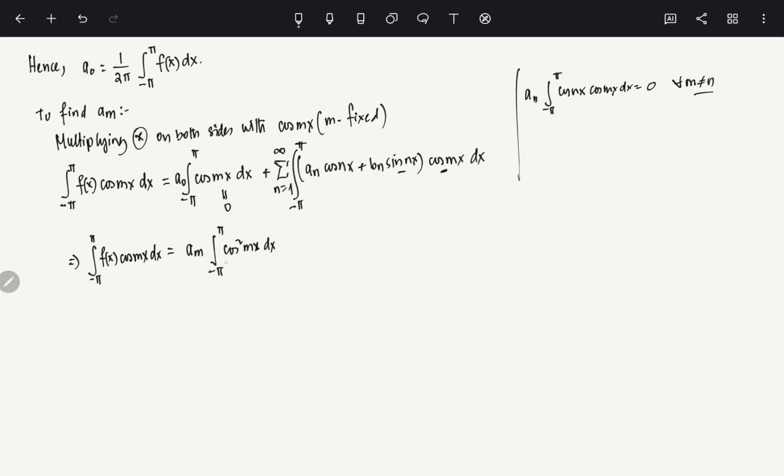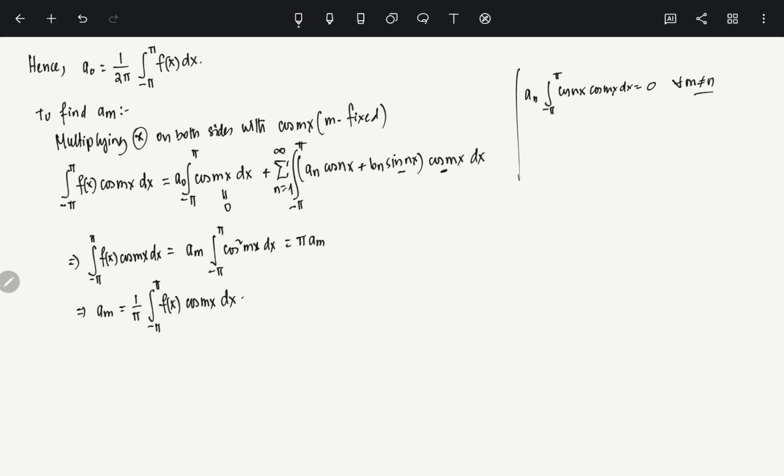Clear? You can check that the integral of cosine square mx dx is pi. So this is pi times am. That implies am is 1 by pi times the integral from minus pi to pi of f of x cosine mx dx.